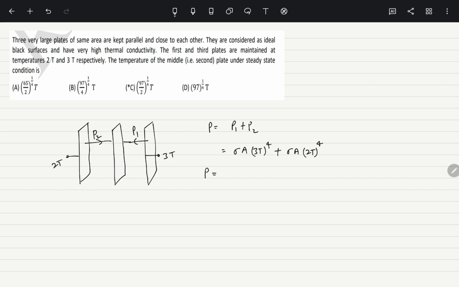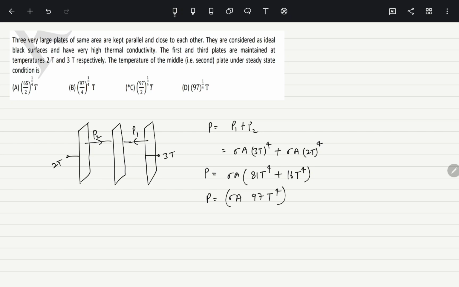So that is the total radiation which was absorbed by the middle plate. We'll solve this one. It will come as 81 T to the power 4 plus 16 T to the power 4. So it will come as sigma A 97 T to the power 4. That is the radiation which was absorbed by the middle plate.